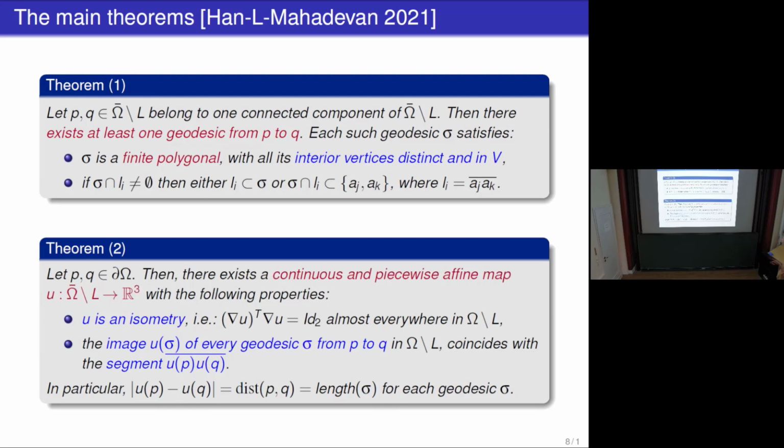And property 2, for every geodesic from P to Q, the image of this geodesic under U coincides with one and the same segment from the image of P under U to the image of Q under U, and the length of this segment equals the original geodesic distance, which is the length of every geodesic under consideration. Okay, that's it. That's the theorem.